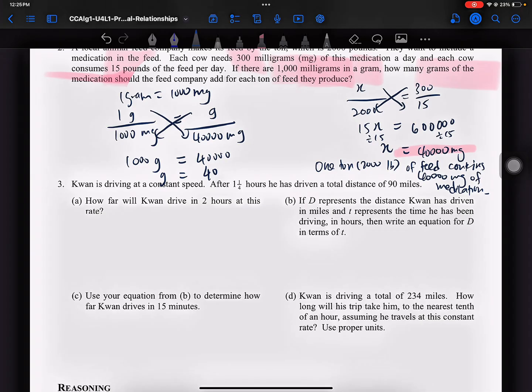So final answer, as a conclusion, I can put like 3 dot: the company should add 40 grams of medication per ton of feed. So this will be our final answer.